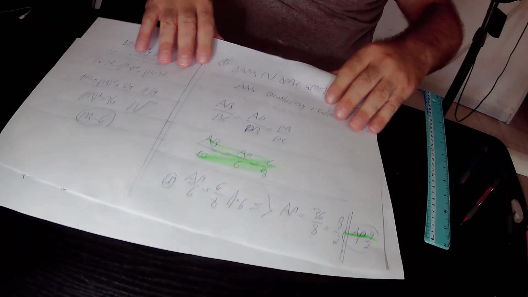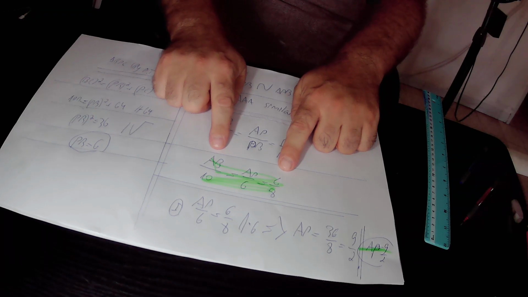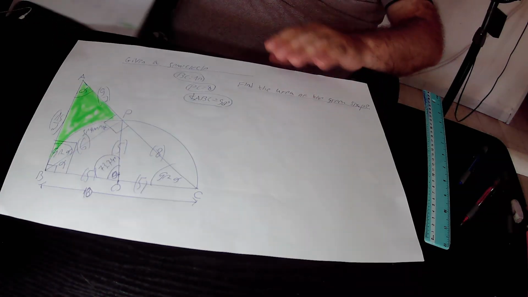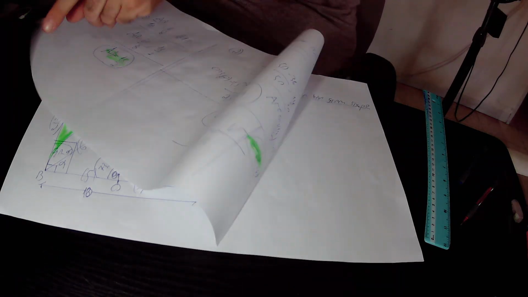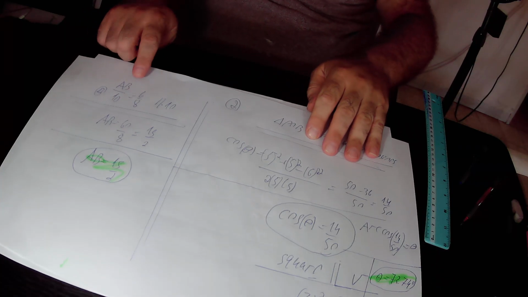Likewise, those two expressions are also equal to each other. Therefore we get equation 2. According to equation 2, AB over 10 equals 6 eighths.